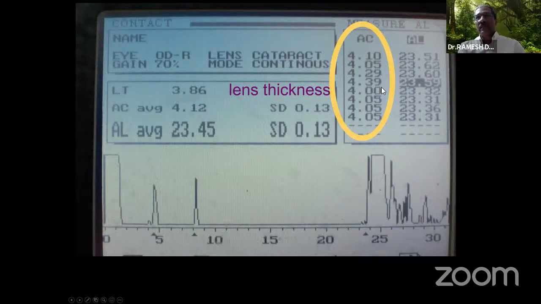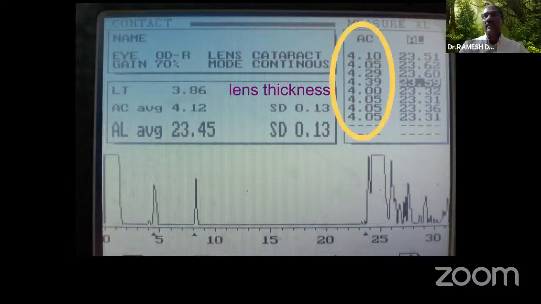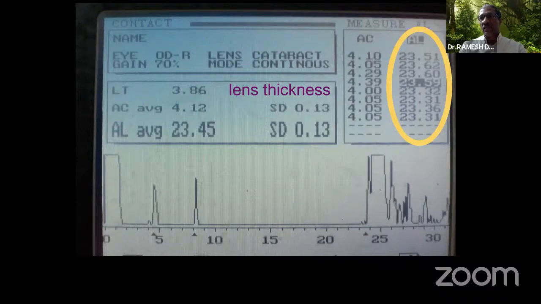So the ACD varies from one examination to the next when we do a contact method. And this gives us varying axial lengths. We're all aware that the vitreous cavity cannot be compressed, the lens thickness cannot be altered, but variable corneal compression is the reason why we are getting variable axial lengths with the contact ultrasound method.